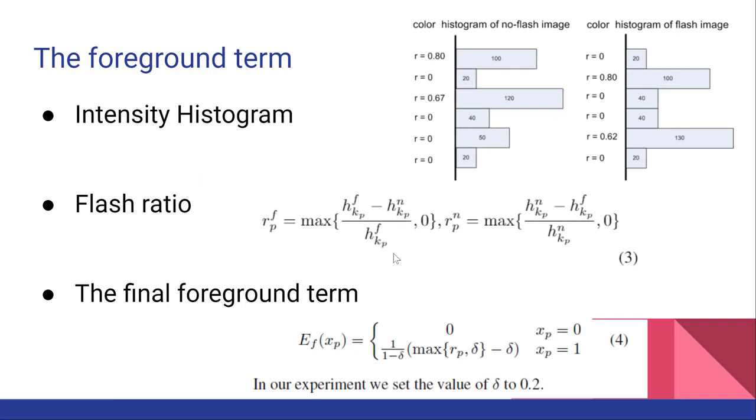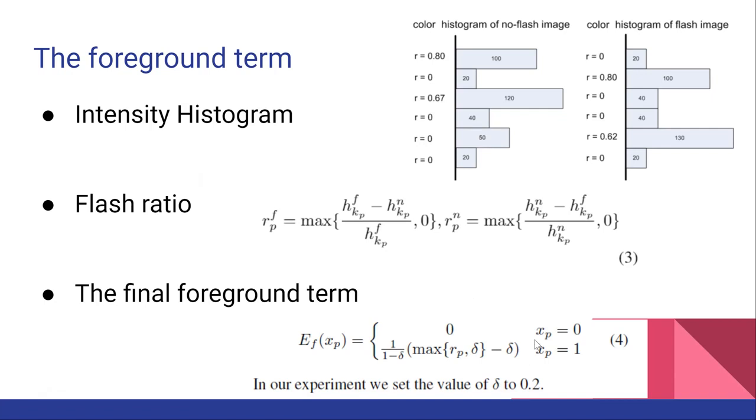And the flash ratio is simply, for a certain pixel and its corresponding intensity bin, the difference between the flash and non-flash counts. For example, there may be 300 pixels in the flash image and only 50 pixels in the non-flash image in that bin. And the percentage change compared to the original count is the definition of the flash ratio.